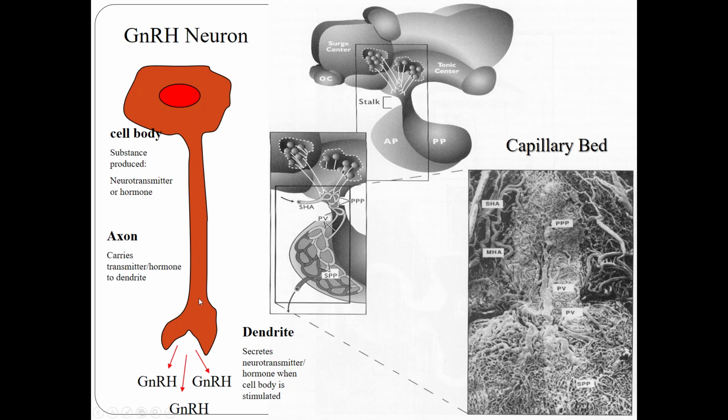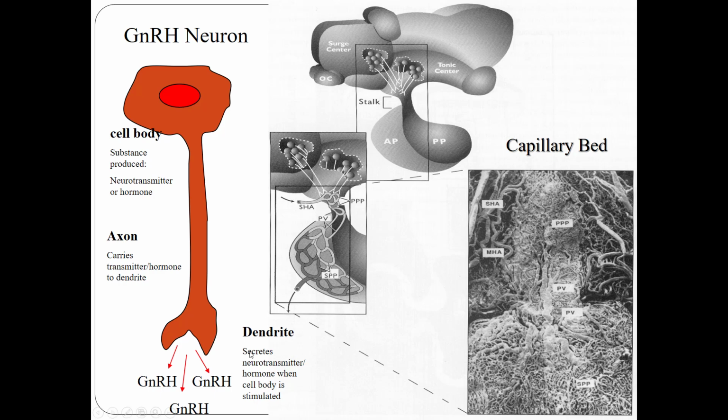And the axon, which is the longer portion of the neuron, is going to carry the hormone to the dendrite. So this long part of the neuron here is the transportation system. The dendrite at the end of this neuron is the part of the structure that will actually secrete or dump the hormone into another system.